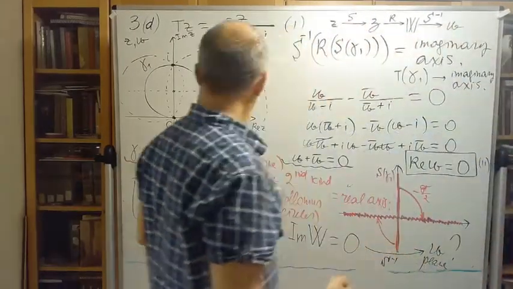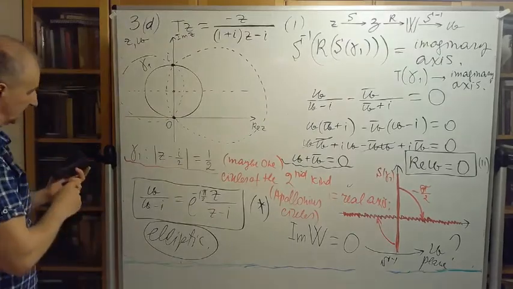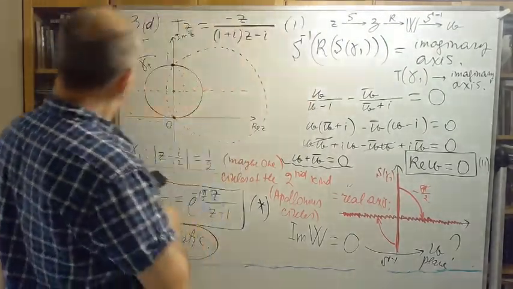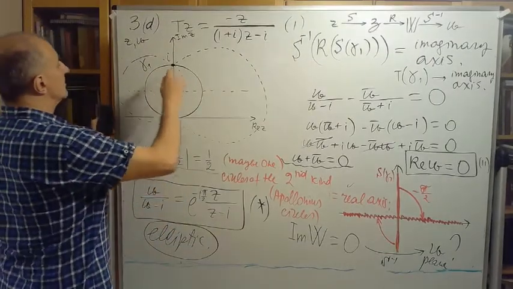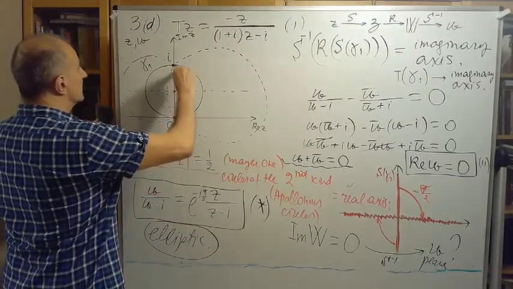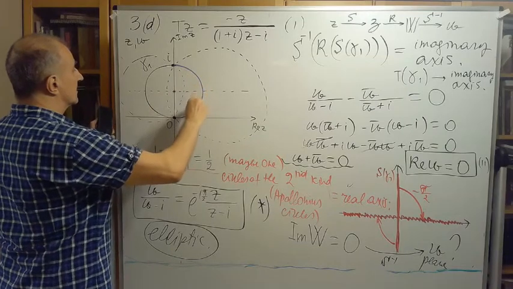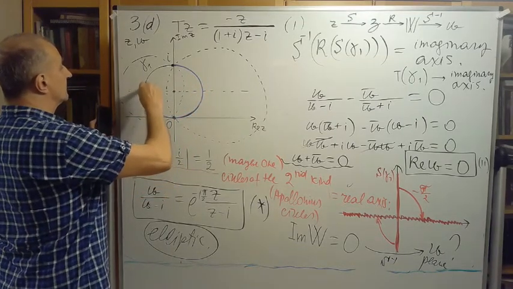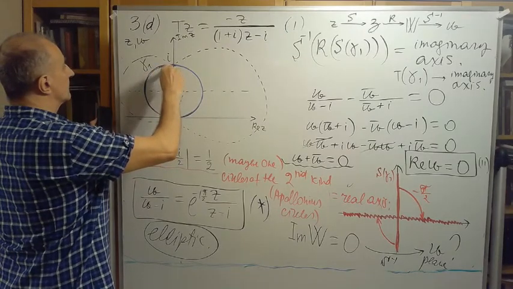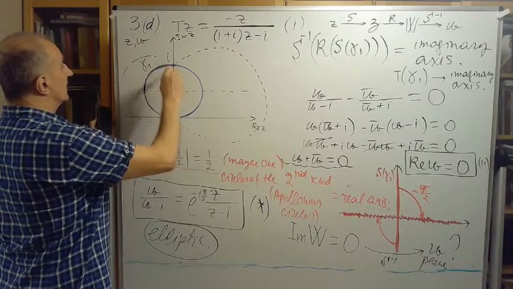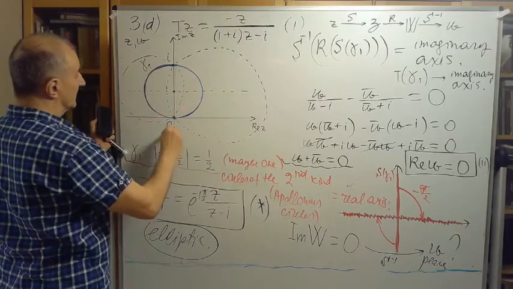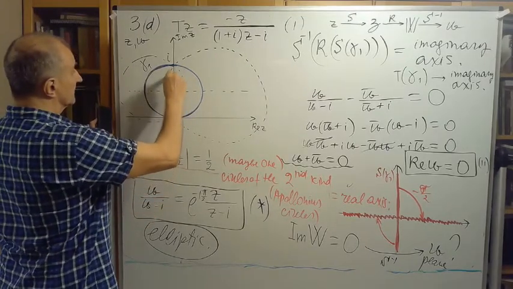And how does it move around? I guess I will draw this circle, make it more evident. I will make it blue. And then it moves into the imaginary axis.